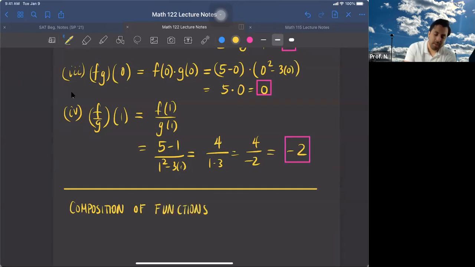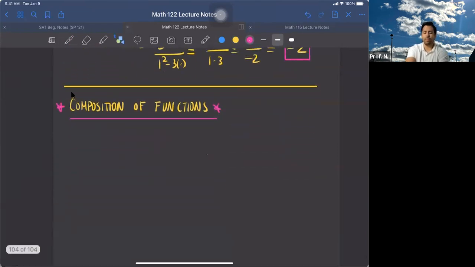Now, this is what makes functions a little special to talk about, because you can't talk about composition of numbers. We haven't seen this kind of operation yet, because with numbers themselves, we don't really do this operation. It's not a viable operation. But for functions, there's such a thing.